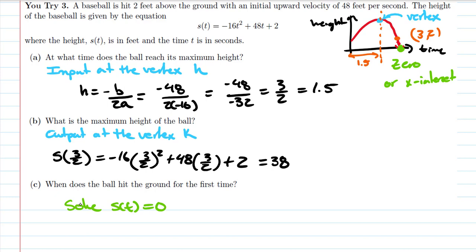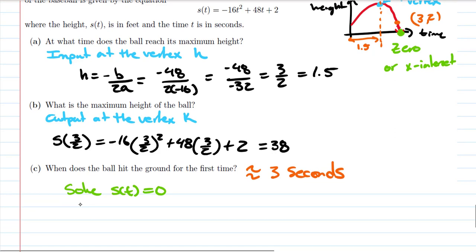So based on this, it won't be at the ground at 3 seconds, but it should be about 3 seconds. To find the answer exactly, we use the quadratic formula. So we identify our a, our b, and our c. Our a is negative 16, our b is 48, and our c is 2.